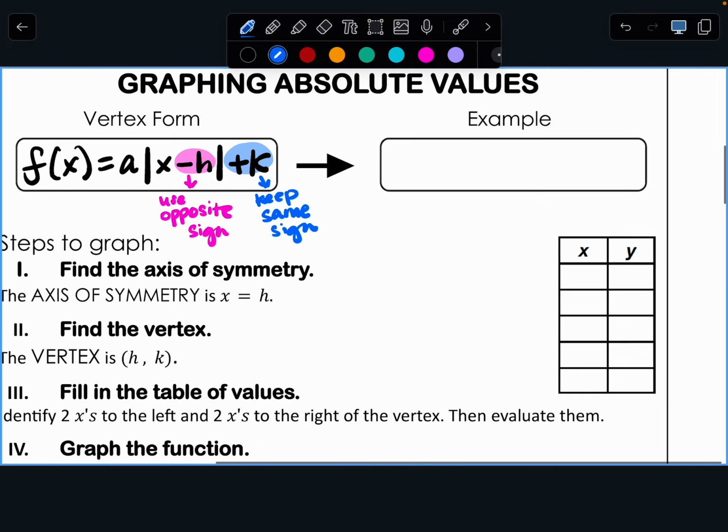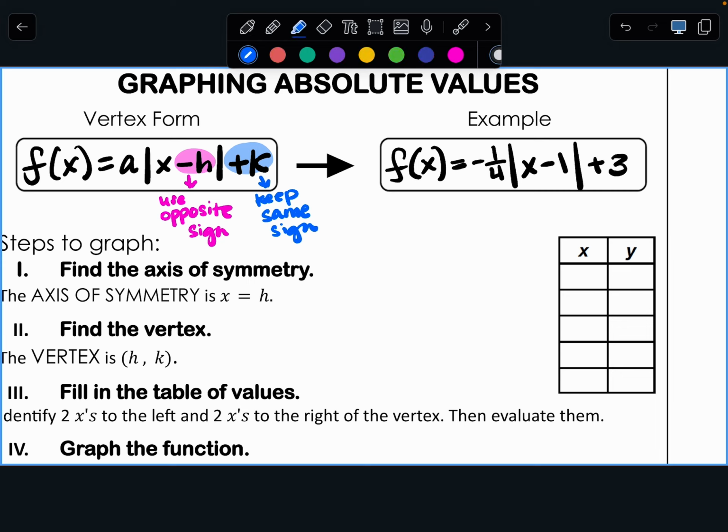So for example, if we have f of x equals negative 1/4 times the absolute value of x minus 1 plus 3, then for this function, h is positive 1 and k is 3.